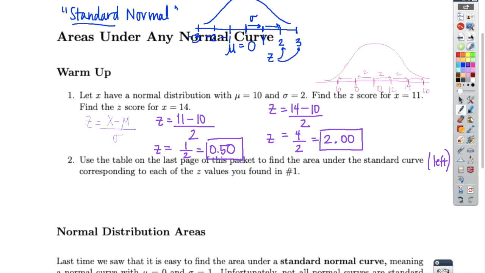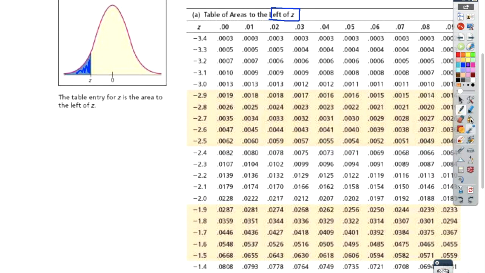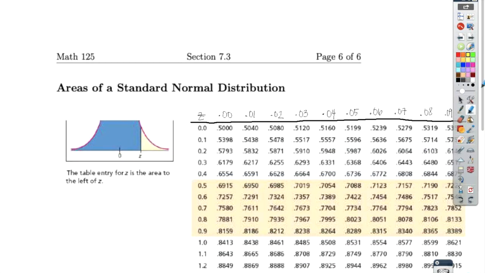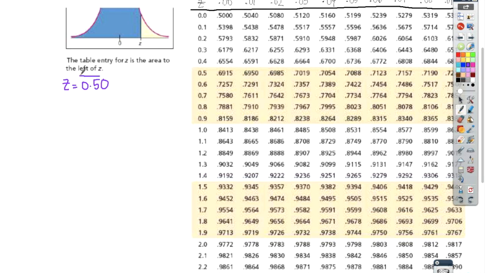So flipping back to that table, starts on page 5, notice that on this page, our z values are all negative, which kind of tells me probably not going to find my value on this page. I'm going to go to the next page, and my first z value is 0.50. The way that this table works is that I get the first two numbers, the ones place and the tenths place, from this left column. So in this left column, I'm going to look for 0.5, and there it is.